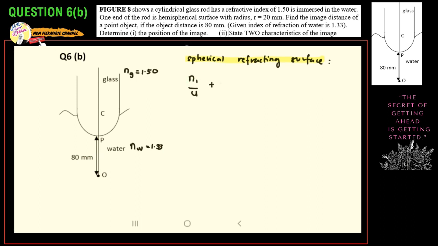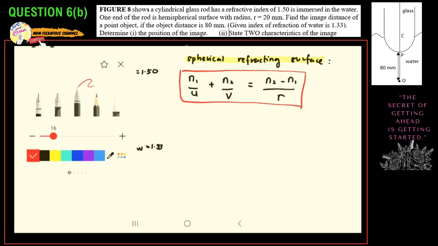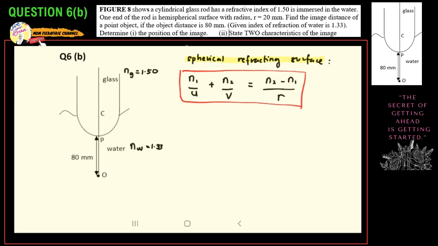Okay, so we will use this equation to solve this problem. All right, so now let's substitute, as we want to calculate the position of the image, which is V. So we can substitute the value of N1, N2, U, and also R.